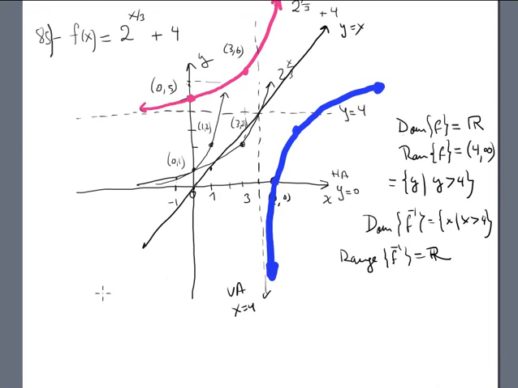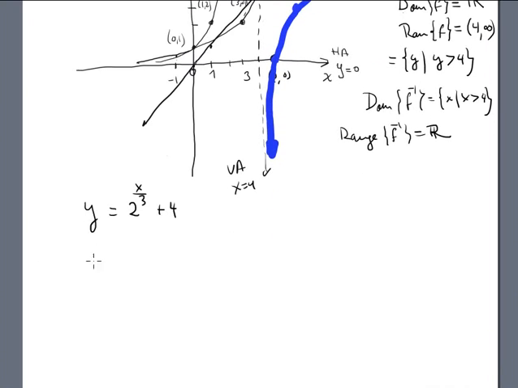Okay, finally, let's try to find the expression for the inverse. So I copy: y is equal to 2 to the x over 3 plus 4. You interchange x and y and solve for y.